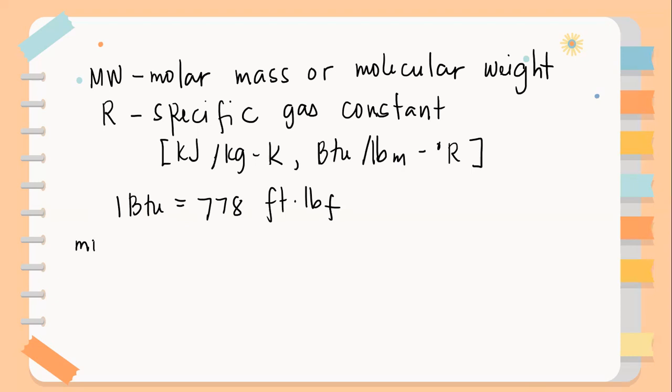The amount of a substance can also be given in terms of the number of moles. When you say moles, the abbreviation is mol. The molecular weight of a substance is the number of kilograms per mole of the substance.